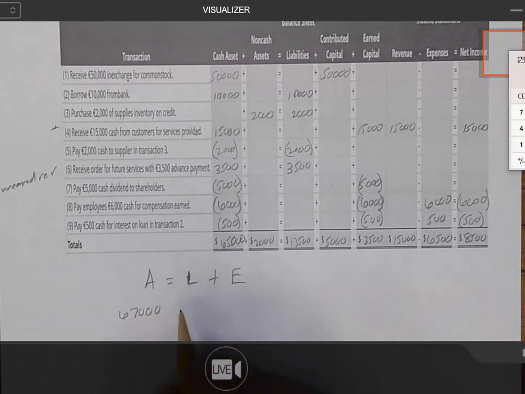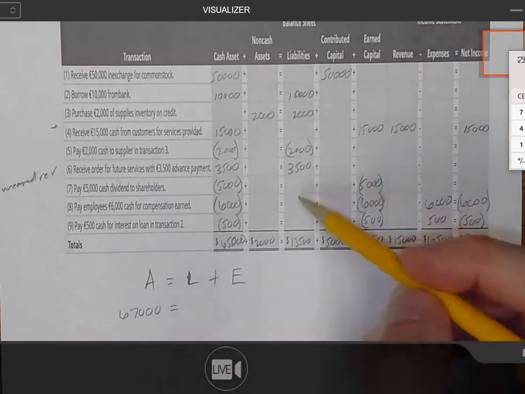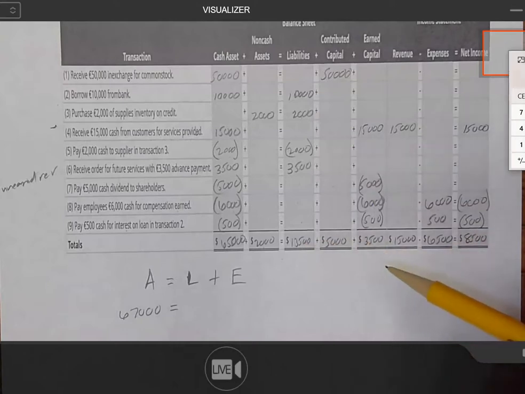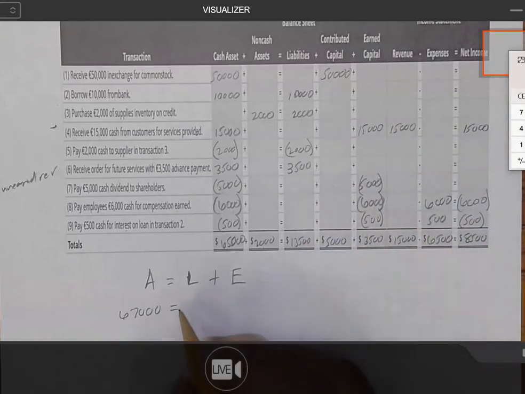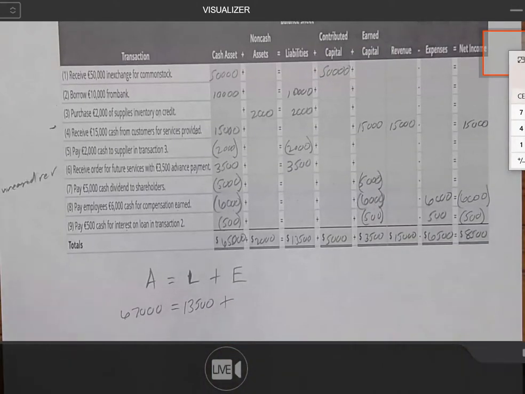So we have $67,000. For liabilities, we have $13,500. So we can just write that down. And then, so for, let's see here now. For our, where am I at? I've lost my spot. Oh, there, okay, there we go.